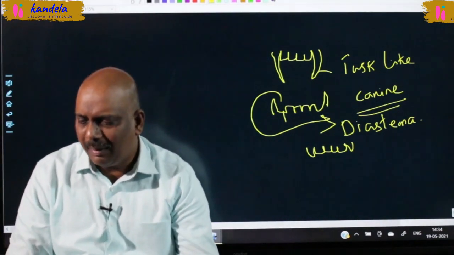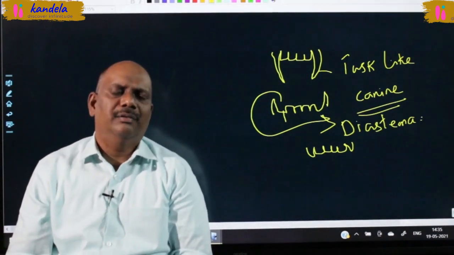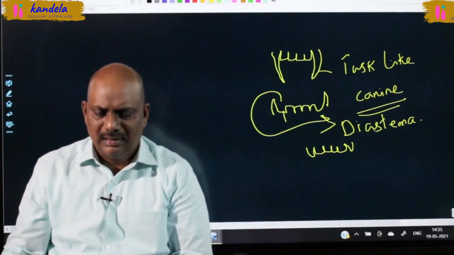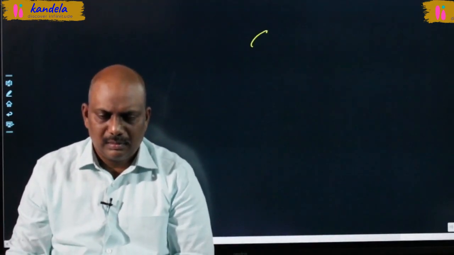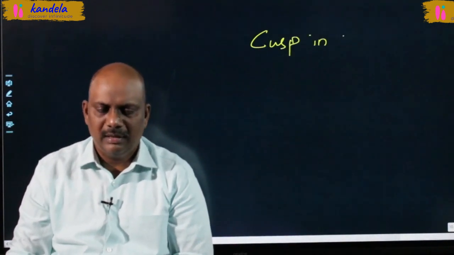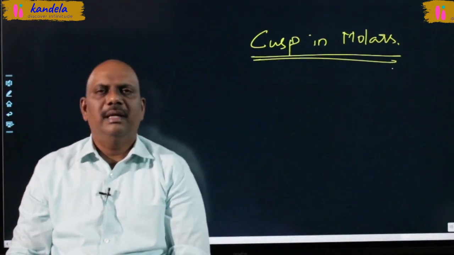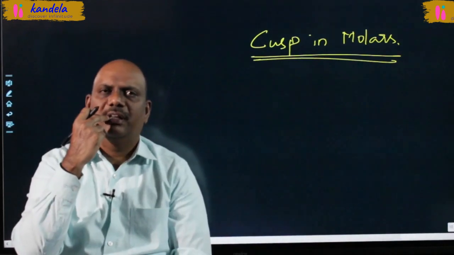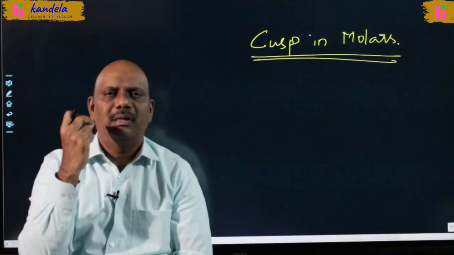Then there is one important primitive feature which is found in the teeth of Australopithecus. That is cusps in the molar. Cusp means the bulges on the topmost portion of the teeth. If you keep your finger like this, you can feel the bulges.